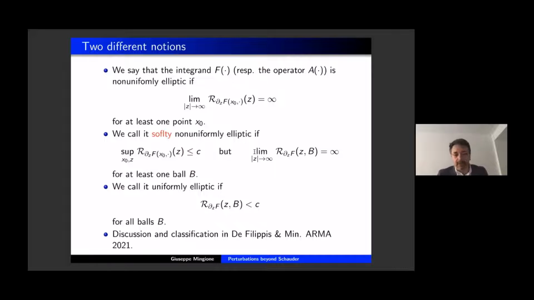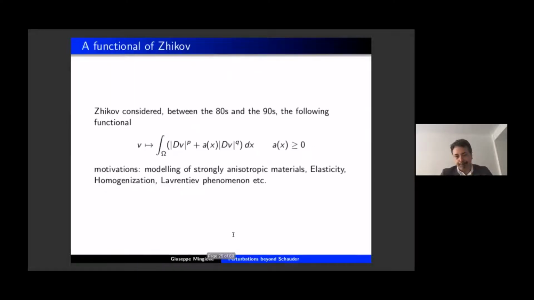And we call it uniformly elliptic if this quantity is bounded. So this is essentially a classical definition, and this is an intermediate definition, which is necessary to detect more phenomena. This classification has been proposed in this recent paper with Cristiana De Filippis.